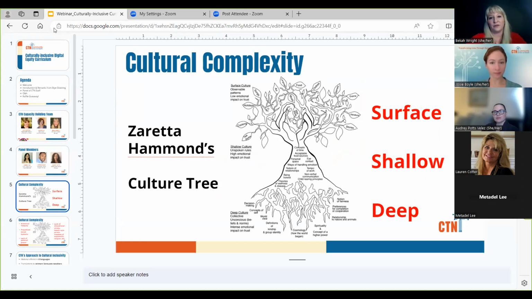This is probably familiar to all of you, especially if you work in education or if you've had college culture classes. Hammond's culture tree is a wonderful illustration of the complexity of culture. I know that you can't see it super clearly on this slide, but you get the idea. Many of us are familiar with this.